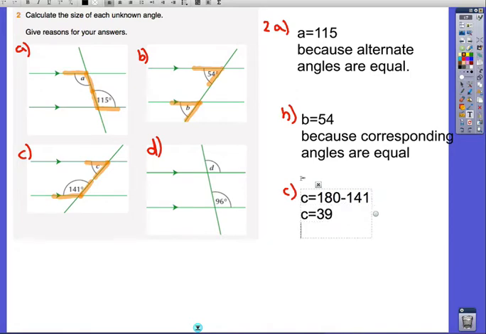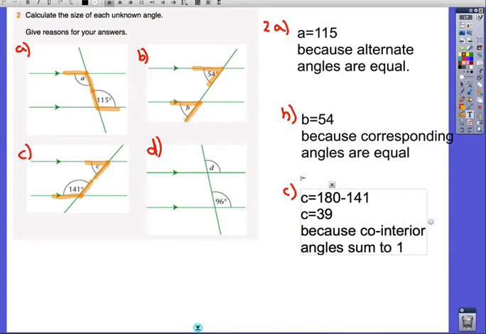And the reason for that, to get the full marks, is because co-interior angles sum to 180 degrees. Moving on to part D.